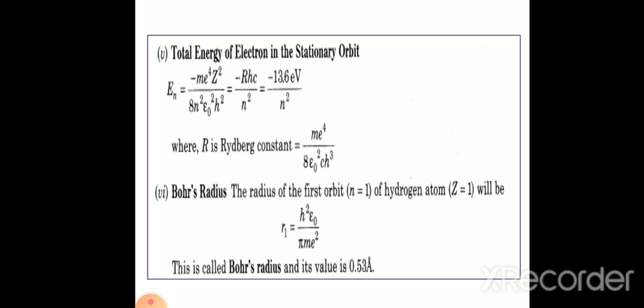In the equation for rn, just substitute n is equivalent to 1. Then you will get the Bohr's radius to be r1 is equivalent to h square epsilon 0 divided by pi m e square. Substituting the value of h, epsilon 0, m, e and pi, you will get the Bohr's radius to be 0.53 angstrom.